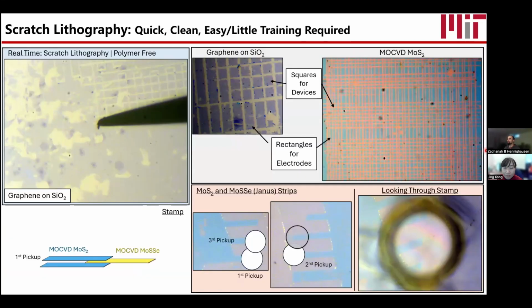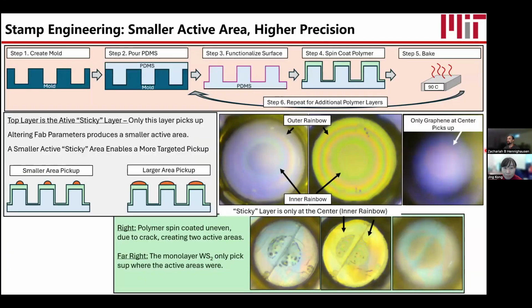So maybe I can show it best with this slide. So for the active area, we have this mold, and the mold will determine how big our PDMS pillar is going to be, and that's going to be sort of our max size.